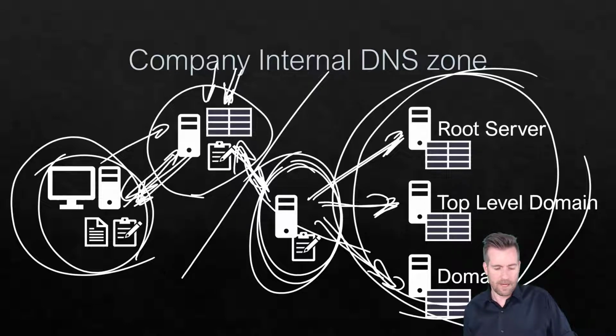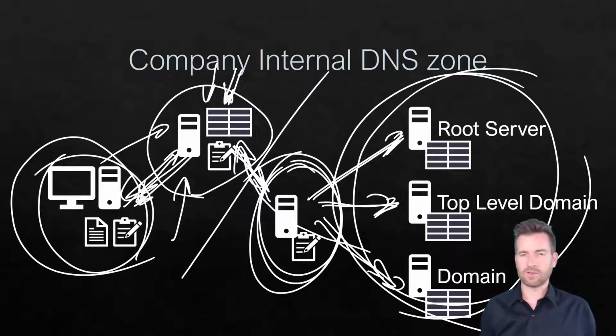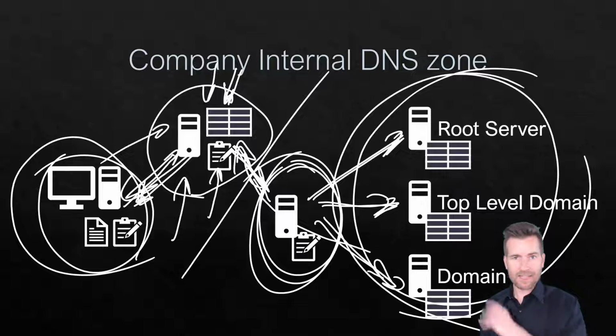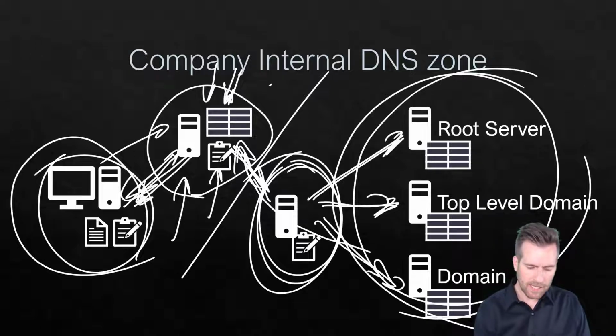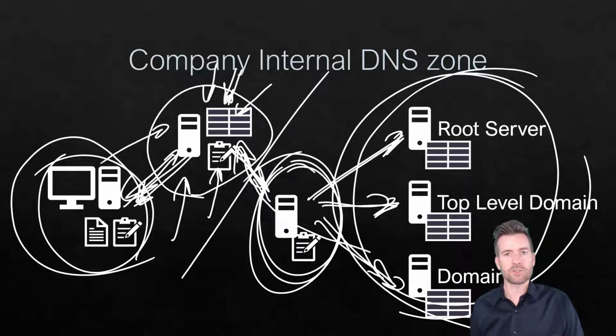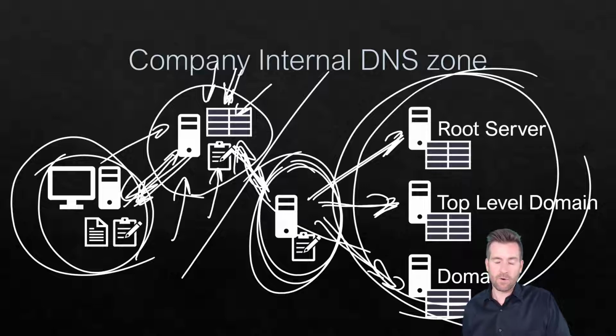So this company DNS server acts as a caching server for any external resources, but also hosts an internal domain specifically for internal resources, and it ends with something like .local.